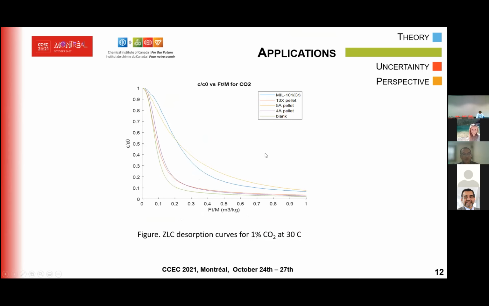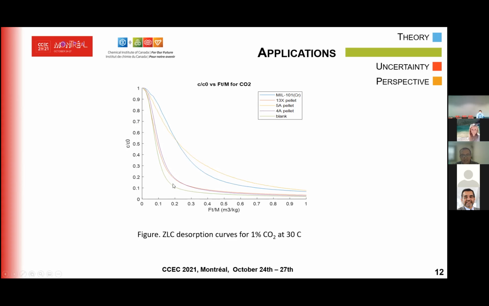So this is an example for the CO2 at 1% at 30 degrees Celsius. And I've just done this plot of the concentration change versus FT divided by M. And you can see that, okay, for these different adsorbents, the area under the curve for some of them is higher than the other ones.